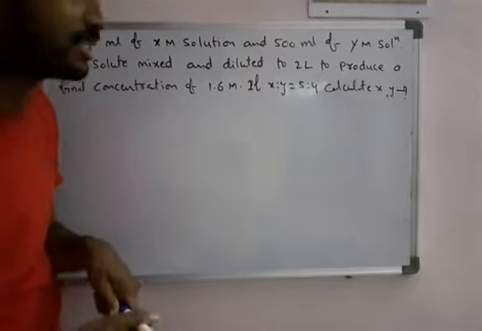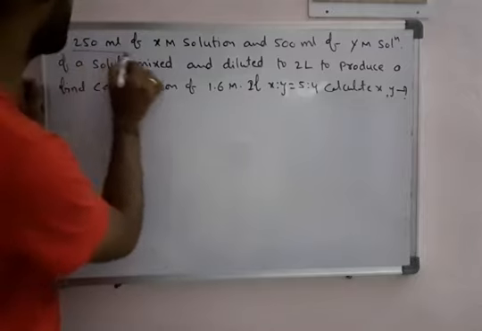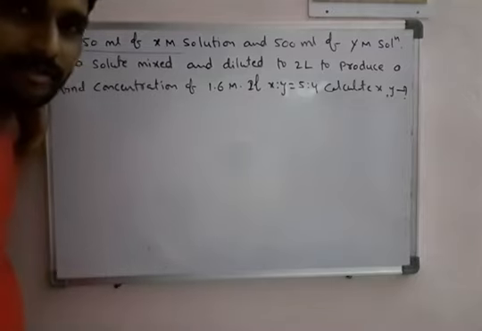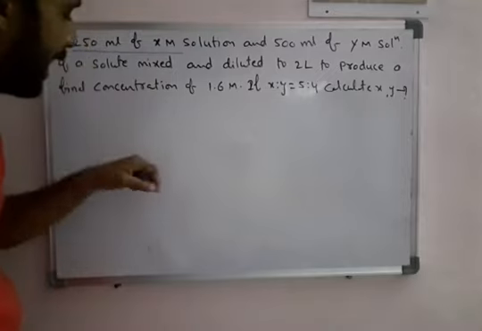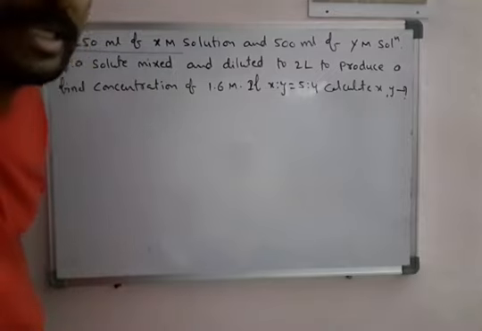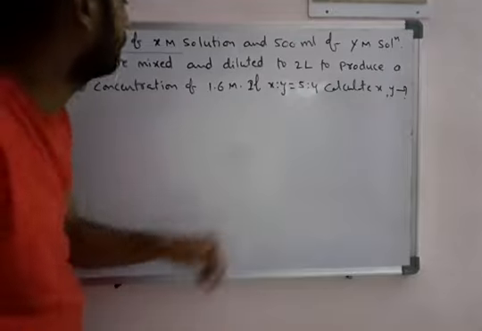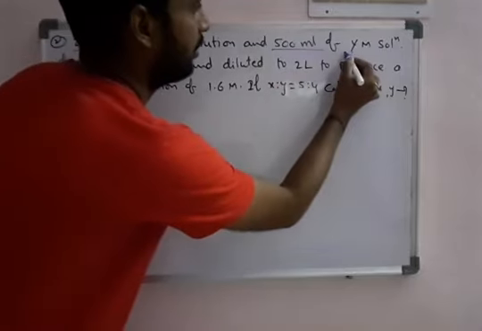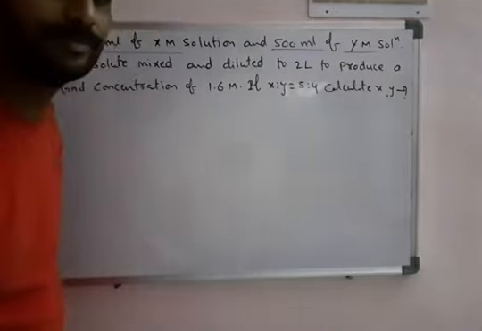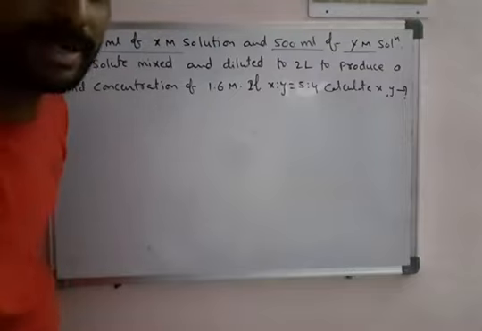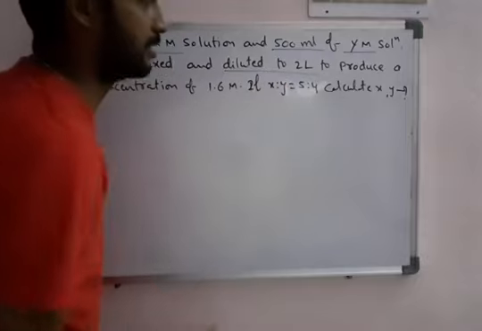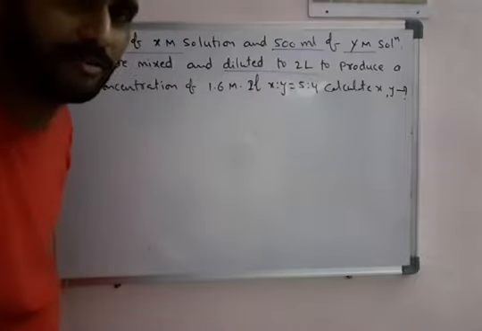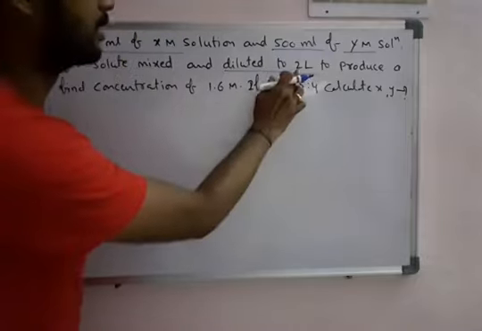What is the difference? The first solution is 250 milliliter with X molarity. The second solution is 500 milliliter with Y molarity. Both are mixed, then diluted to 2 liters.